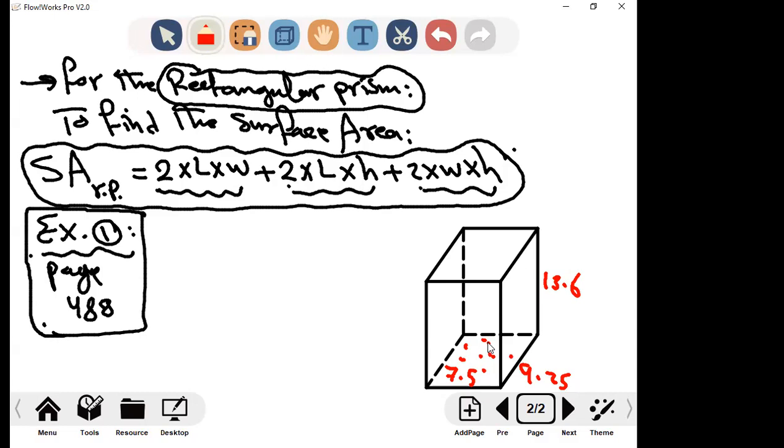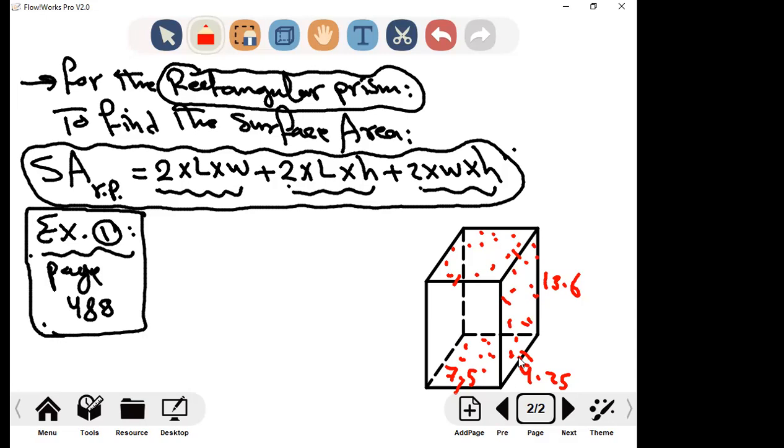Plus the area of the upper one. This is the same as this, right? So 7.5 multiply 9.25, right? Plus, what I want now, the area of this one.